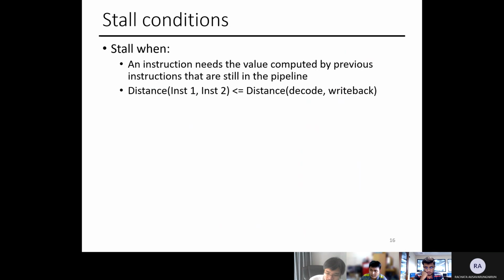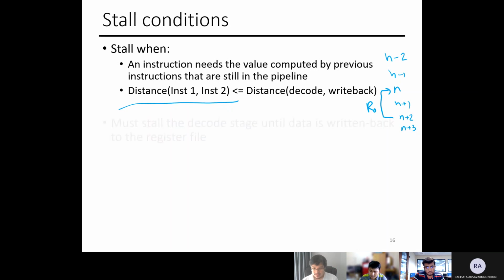For example, if I have instructions n plus 1, n plus 2, n plus 3, n minus 1, and n minus 2, and one of them says, I need R0 from n, in this case the distance is 2, because there are two jumps, n plus 2 to n plus 1 to n.